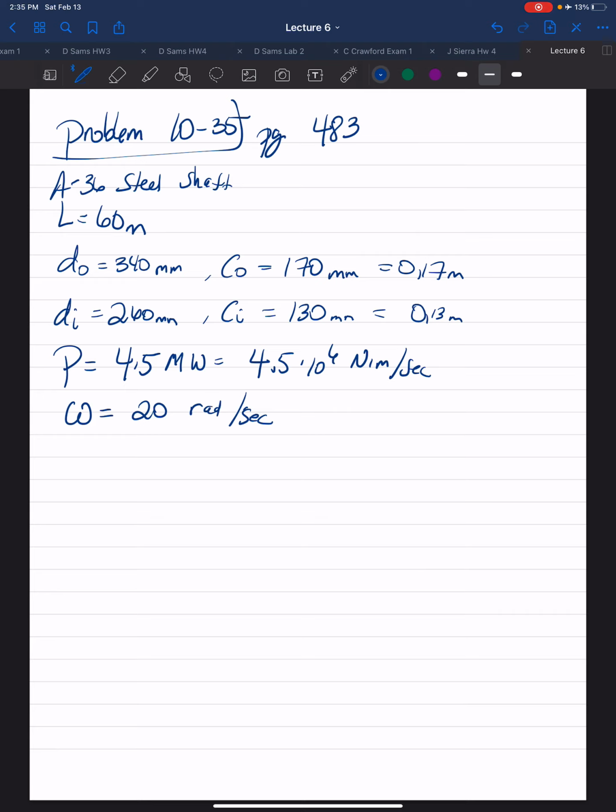So our first step is going to the back cover to get our G value. This is in SI units. So for A36 steel, go into our back cover.